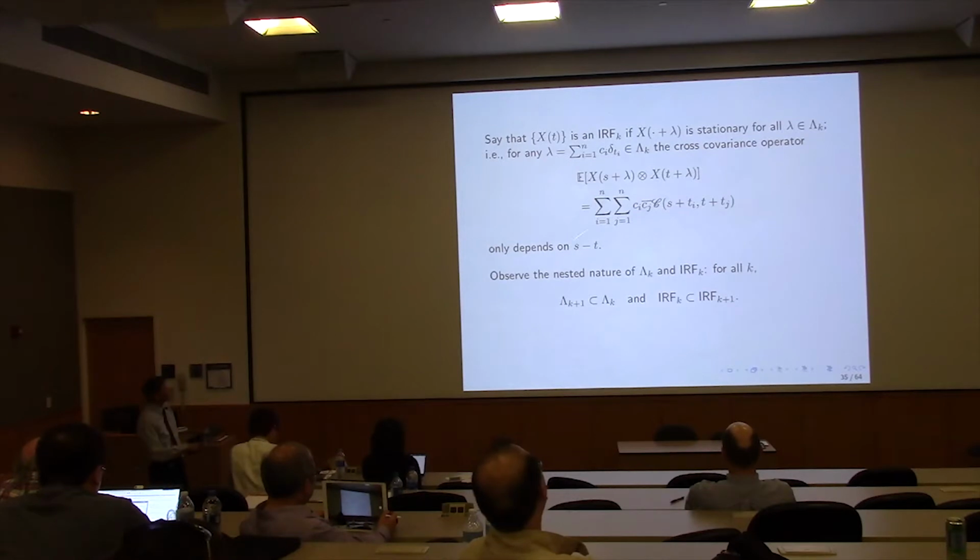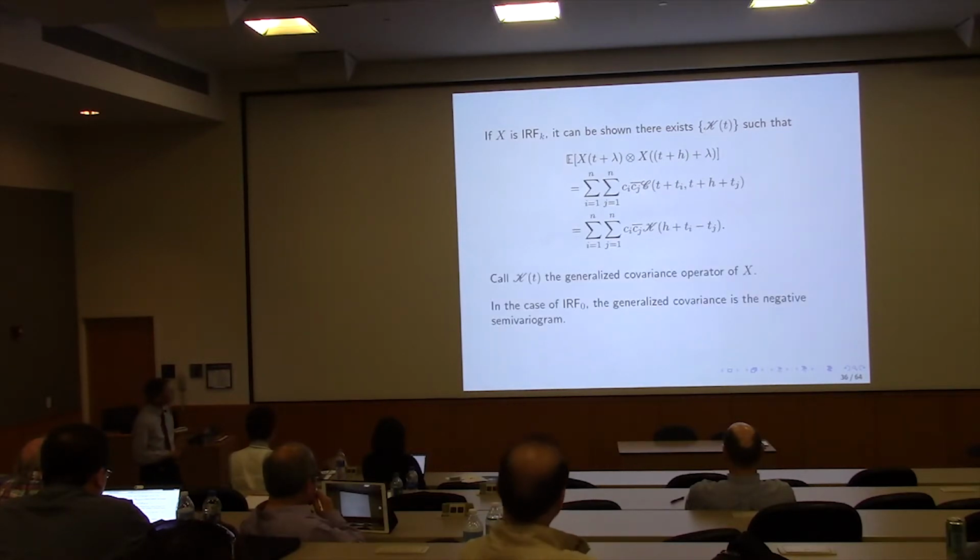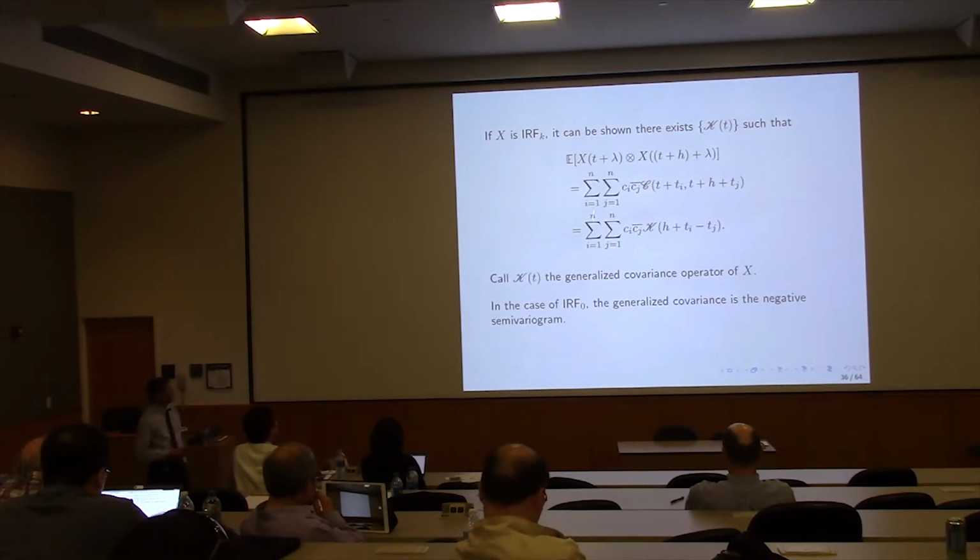Now, so we said, for IRF-k, we have that this function only depends on s minus t. It turns out that there exists a K, which is called generalized covariance, which satisfies this relationship.